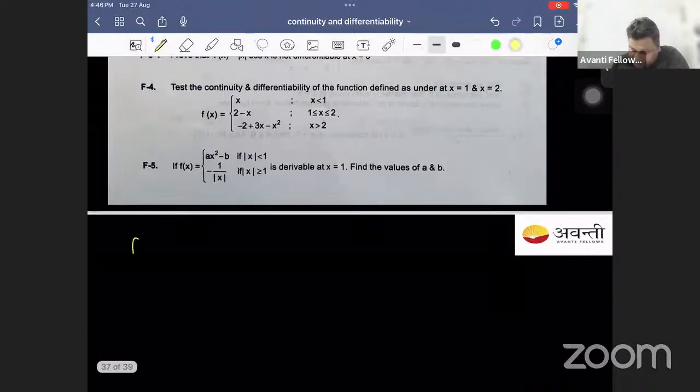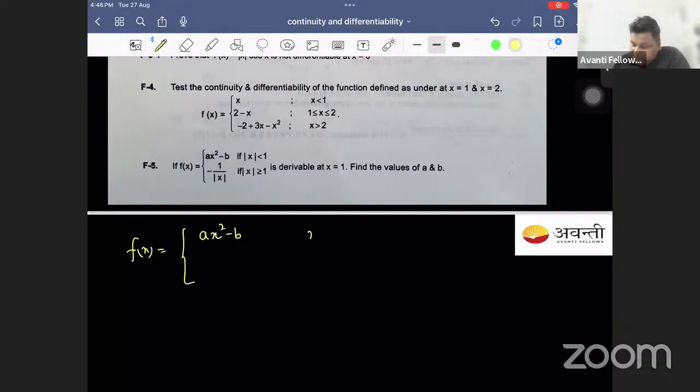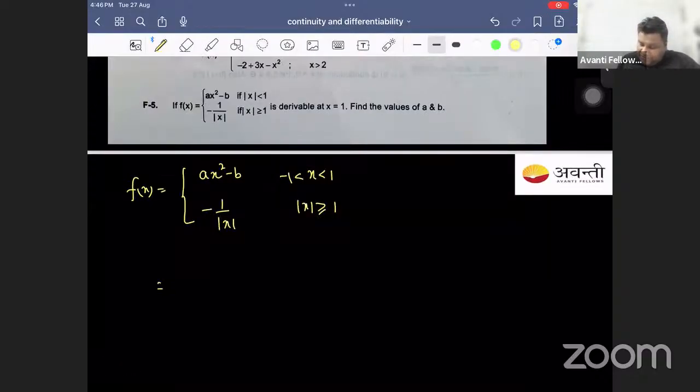Question number 5. f(x) is given as ax square minus b if x lies between -1 to 1, and it is -1 by mod x if mod x is more than or equals to 1. All right. So first of all, let us redefine this question.